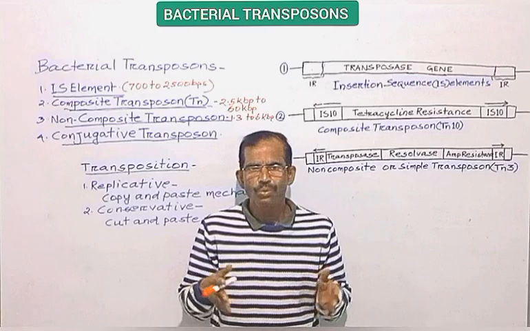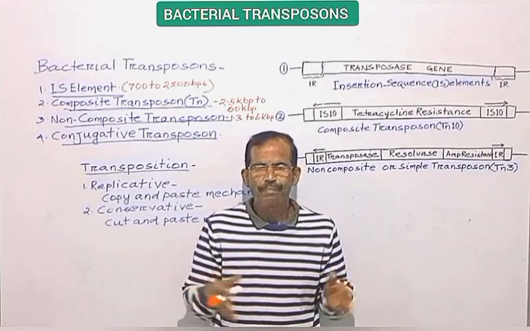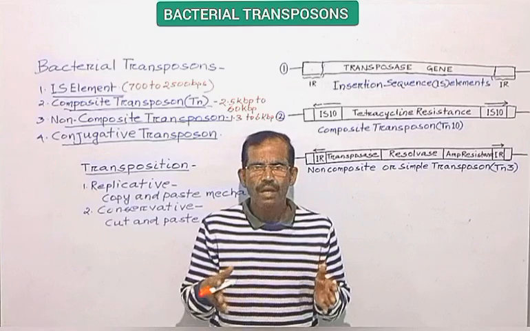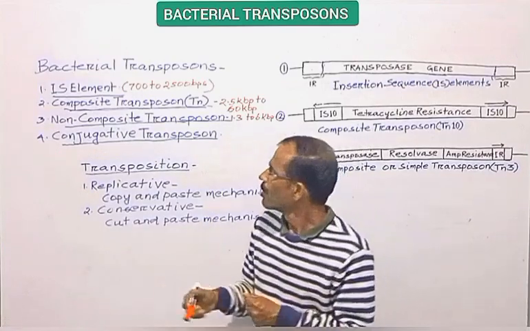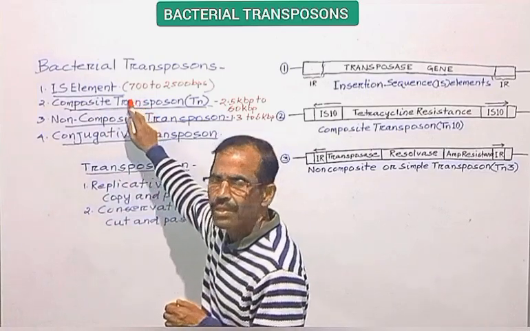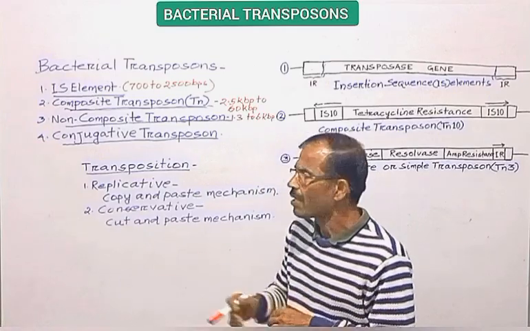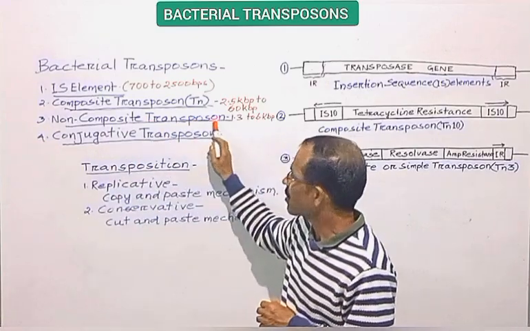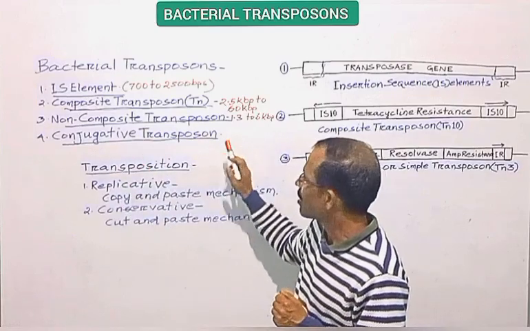Transposons are also known as jumping DNA and selfish DNA. Bacterial transposons are divided into 4 groups. Number 1, insertion sequence element. Number 2, composite transposon. Number 3, non-composite transposon. And the last one is conjugative transposon.